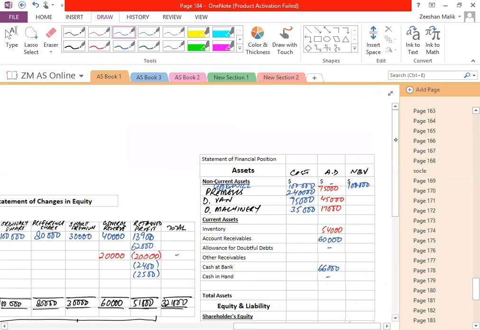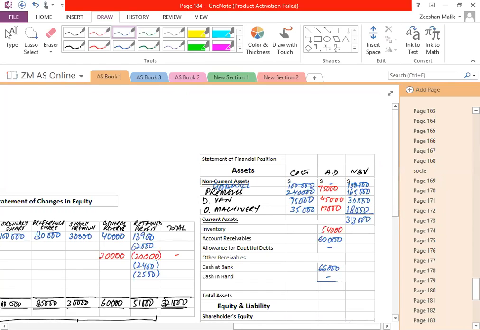Now, book values. 240,000 minus 75, 165. 75 minus 45, 30. 35 minus 17 makes it 18. 18 plus 30 plus 165 plus 100, 313.